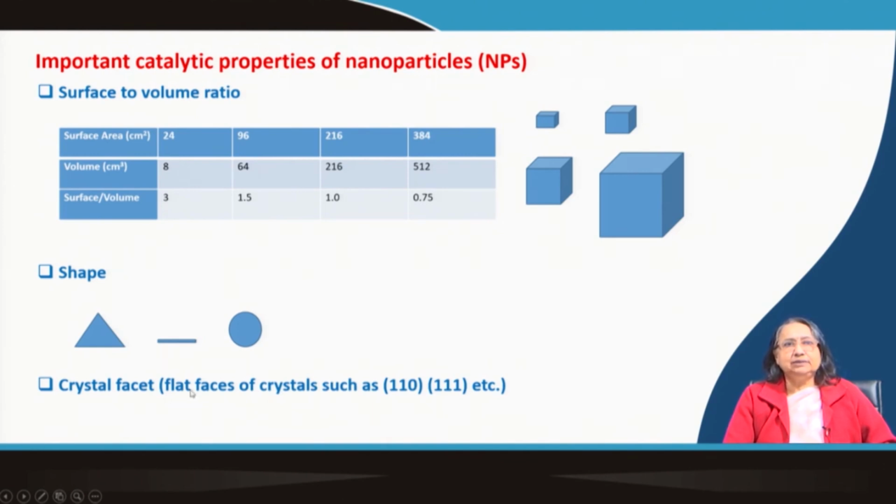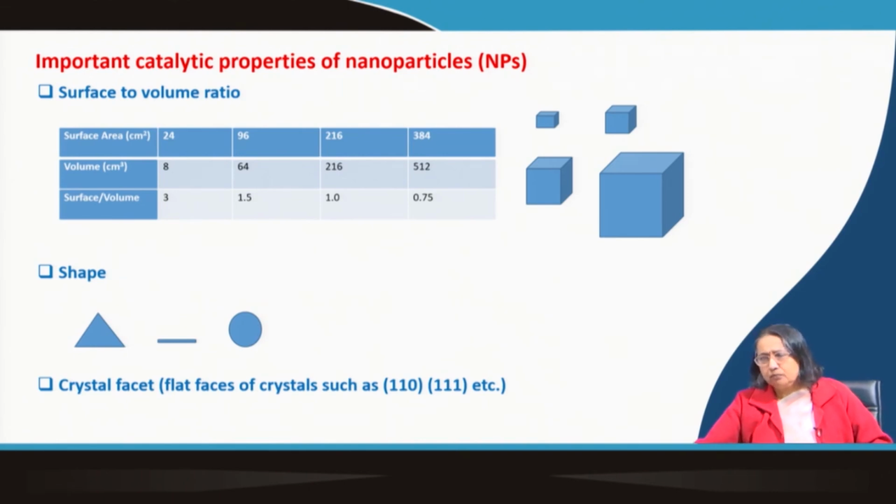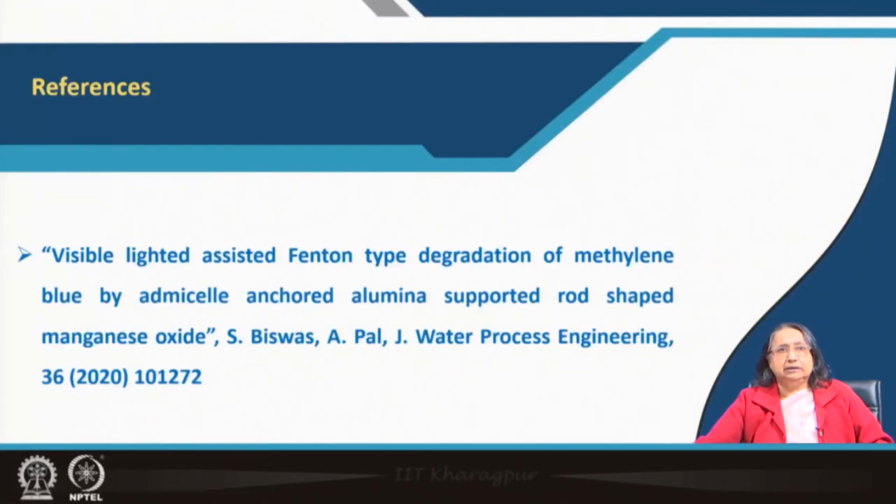What are facets? Flat faces of a crystal, recognized as 110, 111 etc. So, there is also crystal facet dependent catalysis. All these topics are very important for nano catalysts and are upcoming fields.